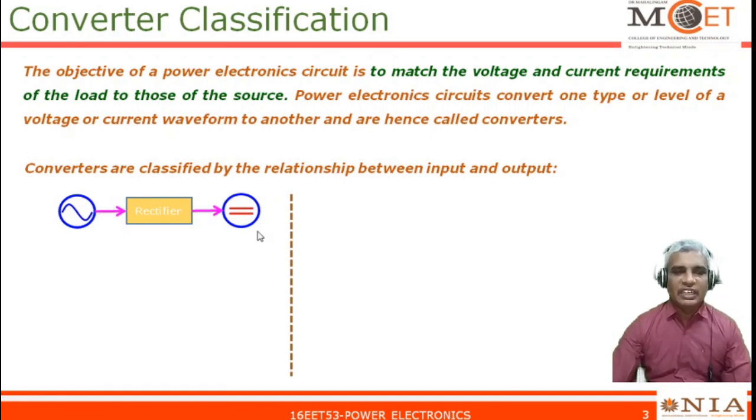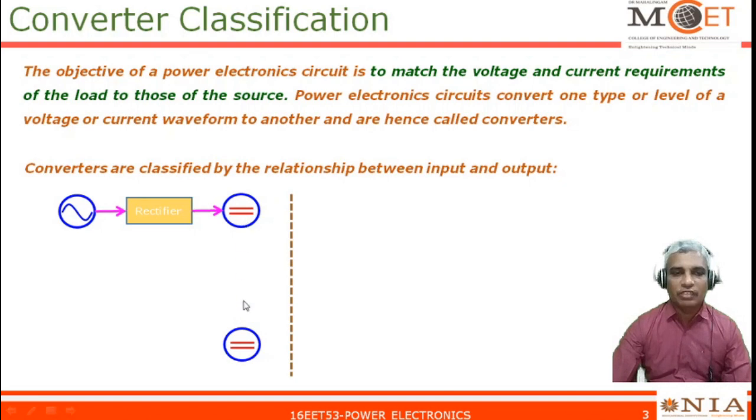Similarly, when we consider that we have a DC source and load is also DC in nature, but source may be a fixed DC source like a battery or a variable DC source like a photovoltaic panel, and load may be a fixed load like an LED lamp or a variable load like a DC motor. So there is a mismatch between voltage and current requirements of the load and those of the source.